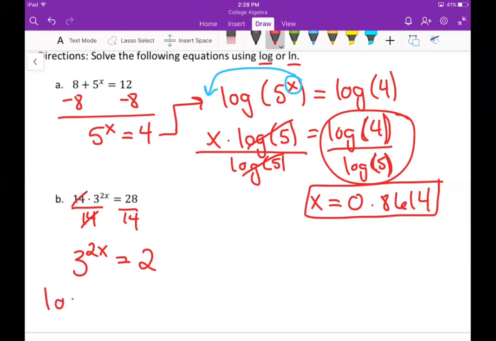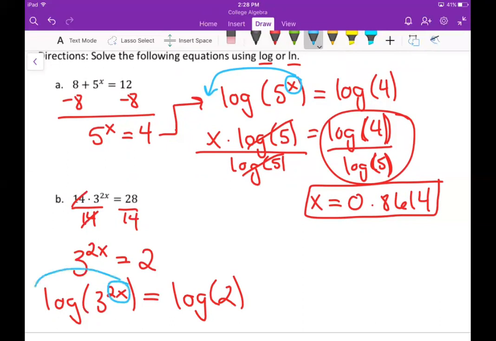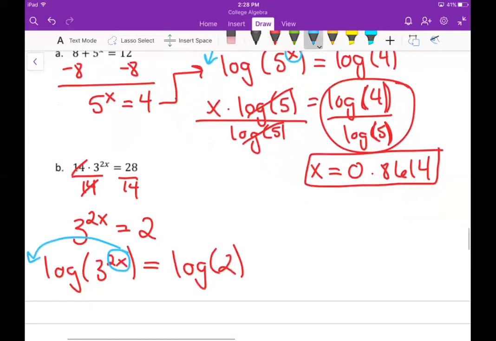So I log both sides: 3 to the 2x on the left-hand side, and 2 on the right-hand side. Again, you could also use the ln function here.